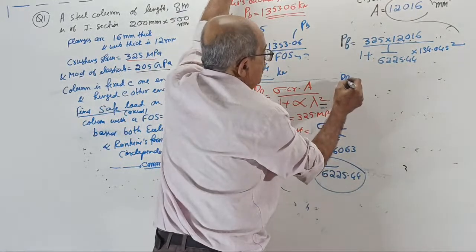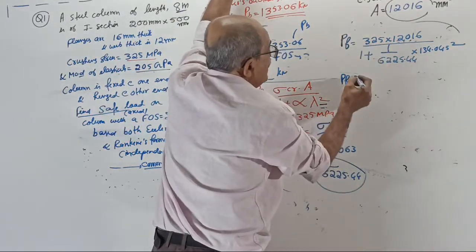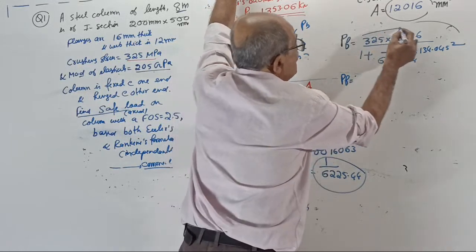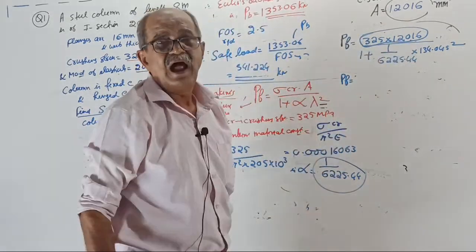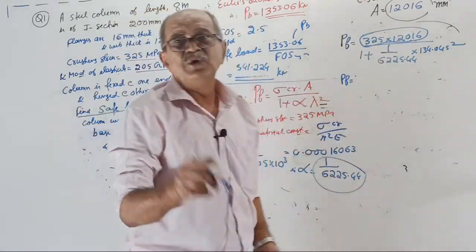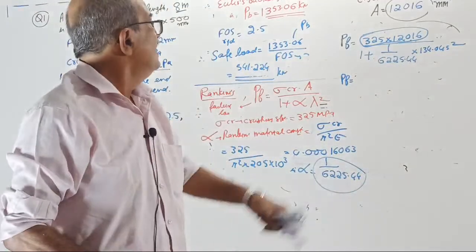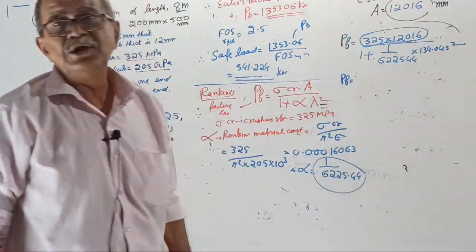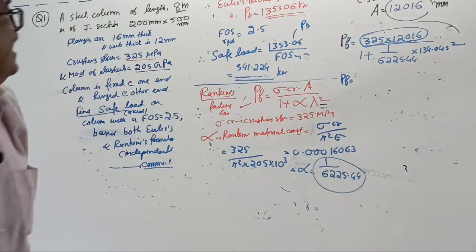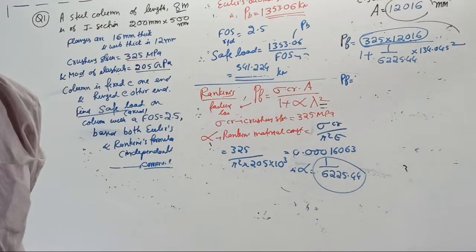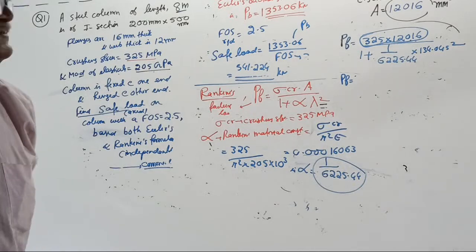Therefore, PF equal to, see, 325 into 12016. Tell me that number. I will tell you why. Don't give the full answer; tell me 325 into 12016 in 10 to the power 3. For those reading for the examination, do a single calculation, but those who want to understand the concept, tell that number.